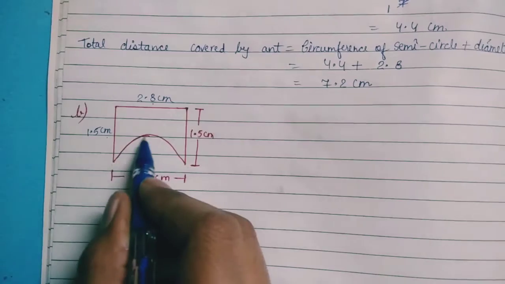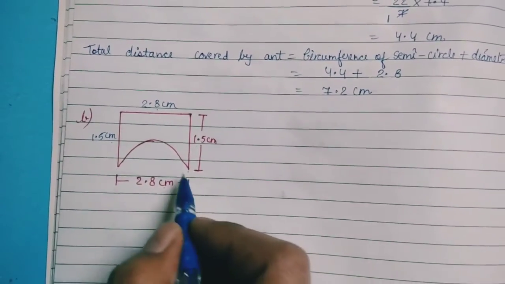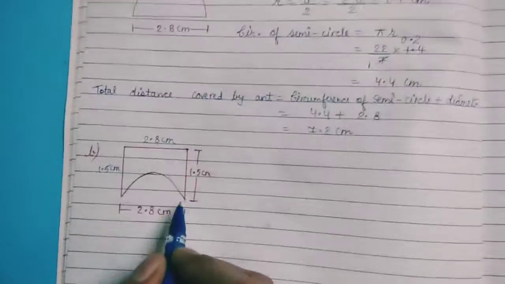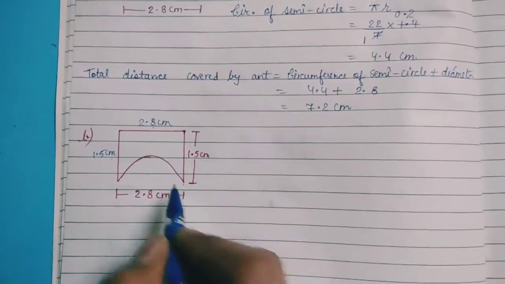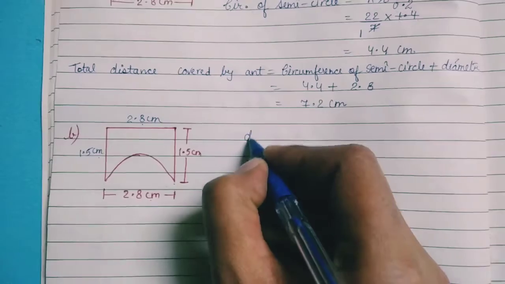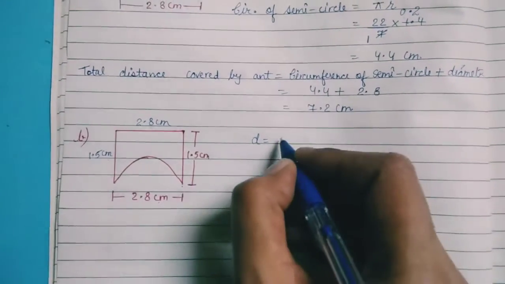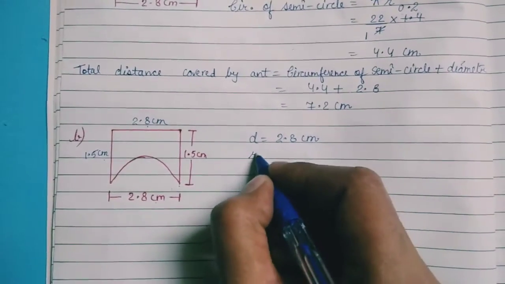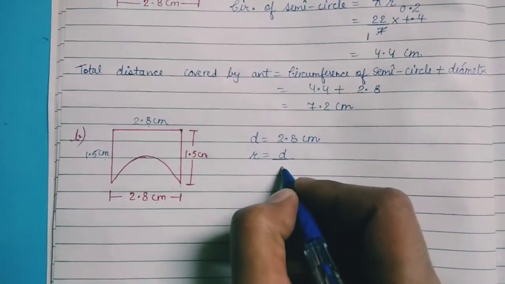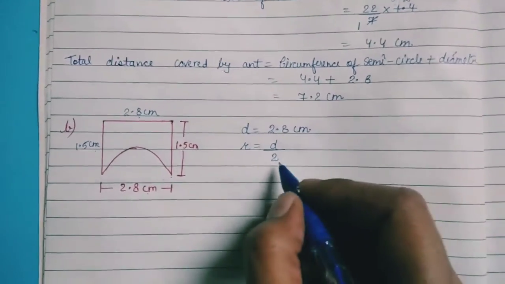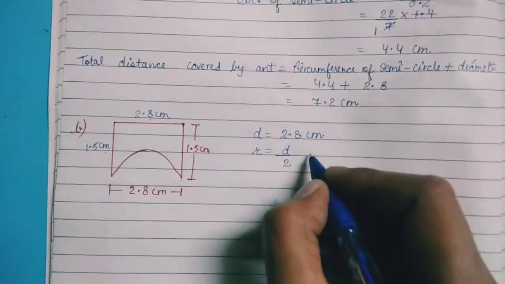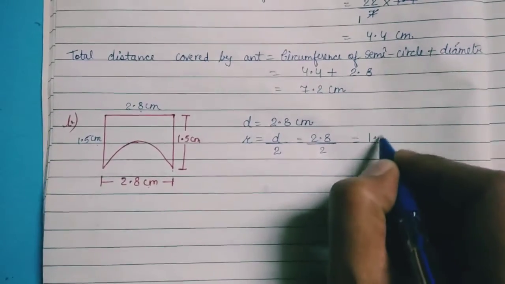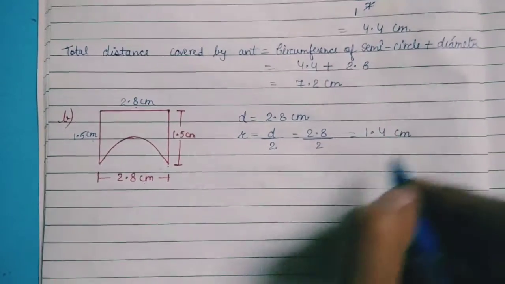But for getting the perimeter of the curved surface, we need to see what is the circumference of this semicircle. For that you can see the diameter of the semicircle is 2.8 centimeter. Now we will take radius by dividing diameter by 2. So 2.8 divided by 2 gives us 1.4 centimeter.